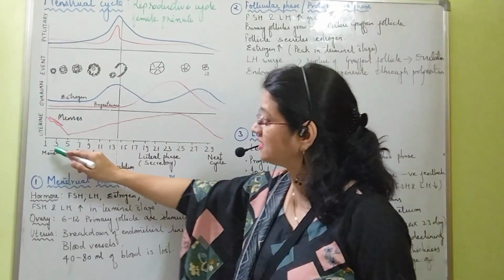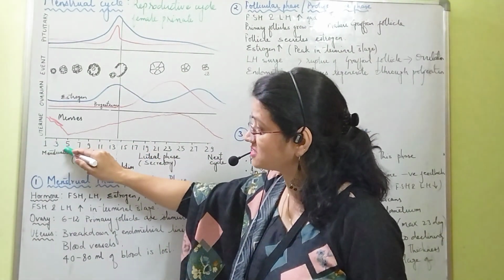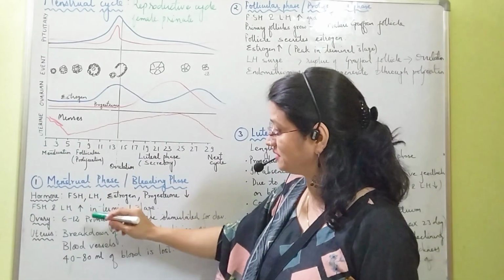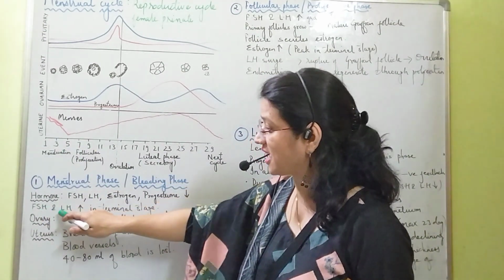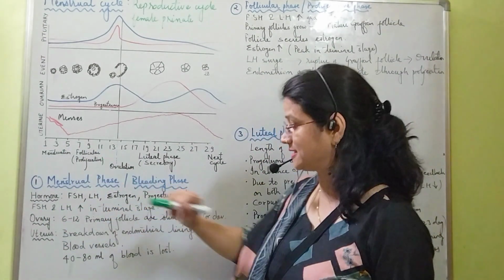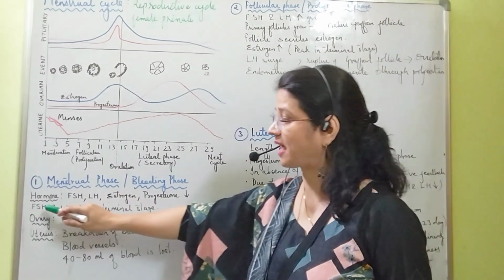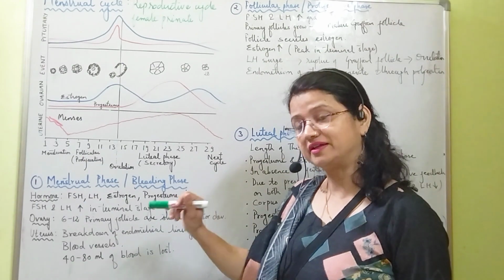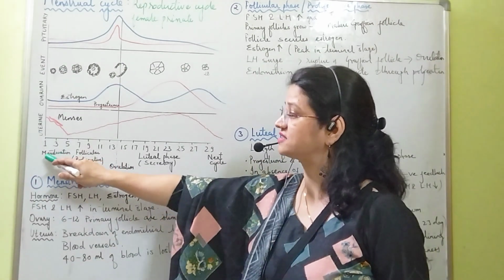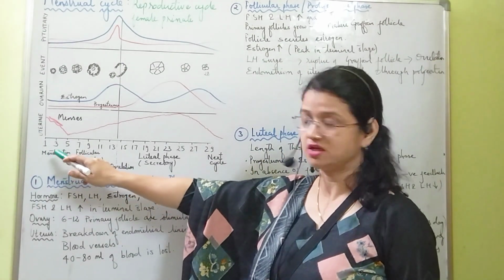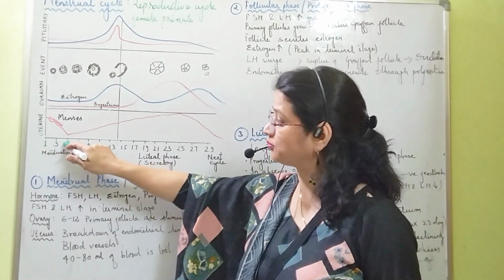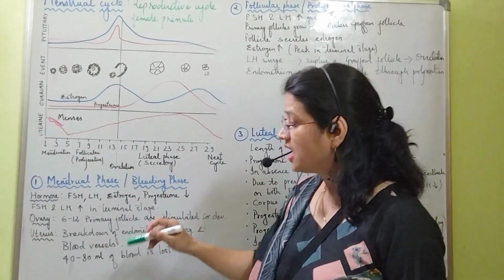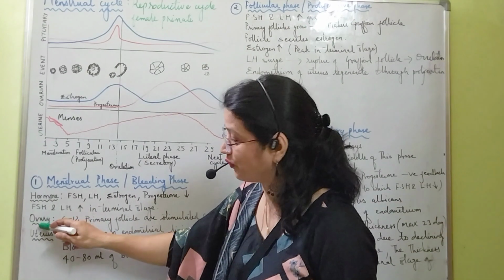But when the menstrual phase comes to its terminal stage, the level of FSH and LH starts increasing. So at the terminal stage of the first phase, the menstrual phase, which runs from the first day up to the 5th day, the level of FSH and LH starts increasing. Clear? Now what happens to the ovary?